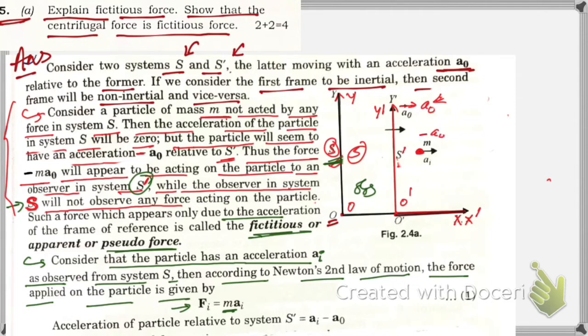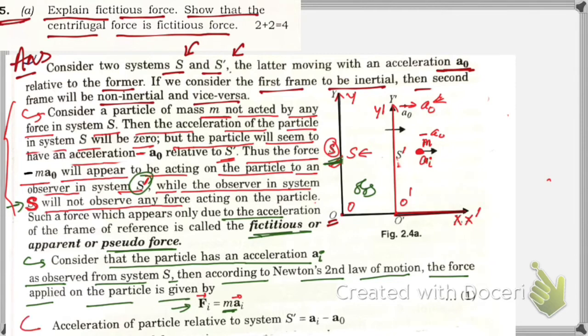But now we have considered that this particle has itself an acceleration. It is an accelerated particle with respect to the frame S as well. With respect to the frame S also, it has an acceleration a i. So the force acting on this particle of mass m, according to Newton's second law, with respect to this frame, will be given by F i. Here F is written bold, meaning it is a vector, so m a i. So this is the force.